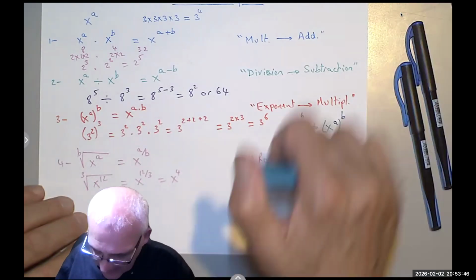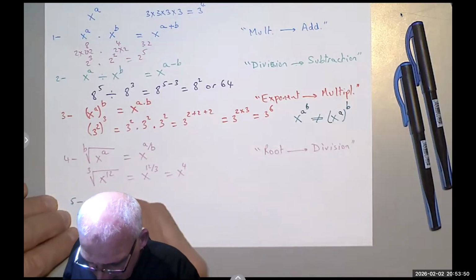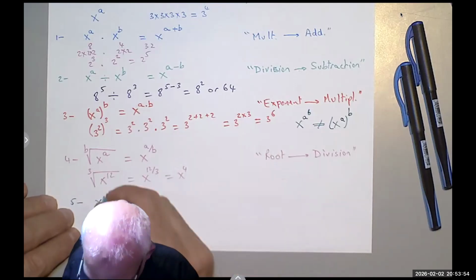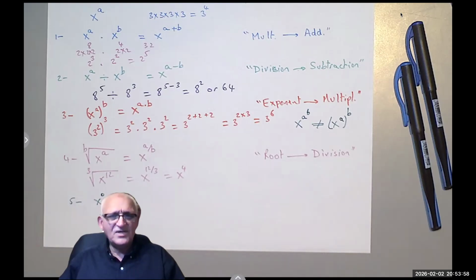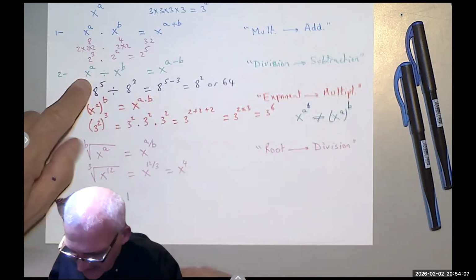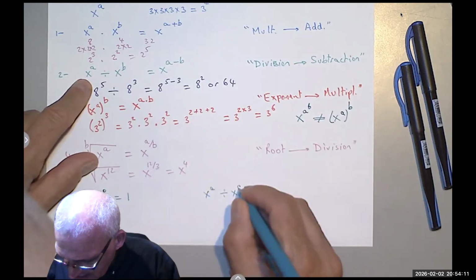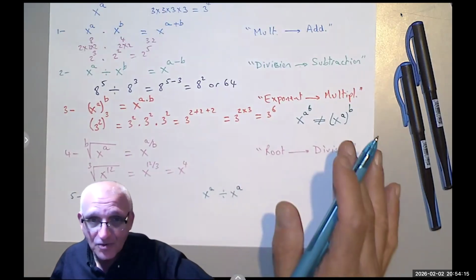Like, for example, any base other than 0 raised to the power of 0 equals 1. What is even the power of 0? Well, I can use this and say, what is x to the a divided by x to the a? Well, if you divide a number by itself, other than 0, you get 1.